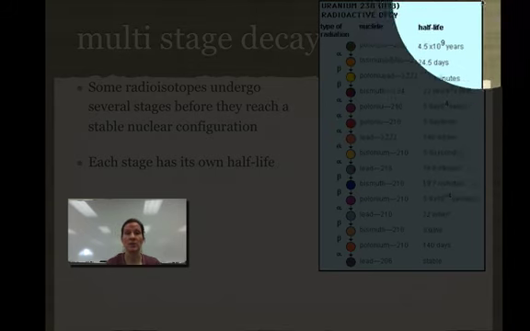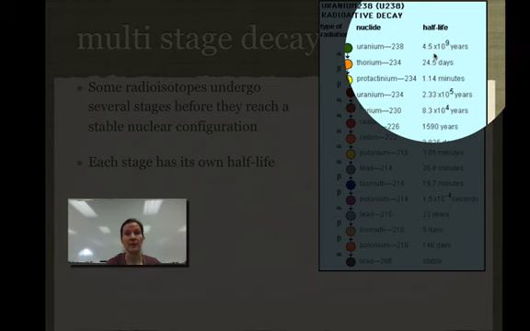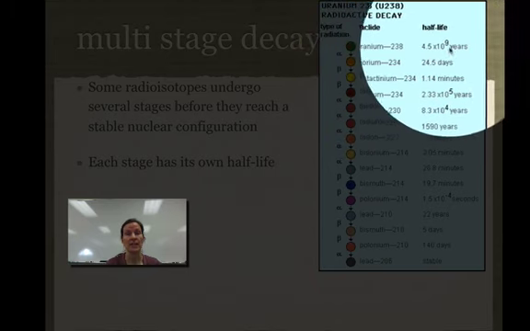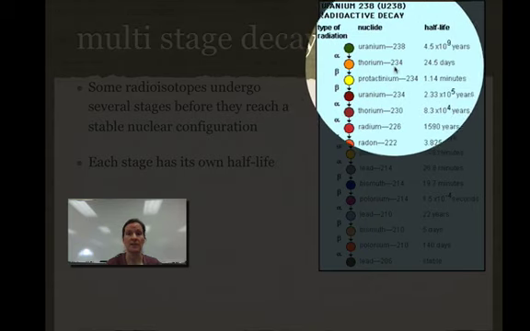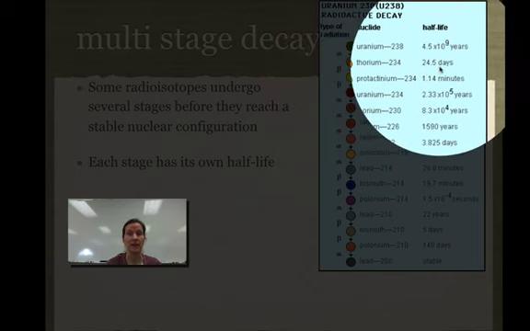So how this works is, imagine you had 100 grams of that uranium-238. To get half of it to become thorium-234, you need 4.5 times 10 to the 9 years. And then for that stuff to become protactinium, it's going to take 24.5 days.